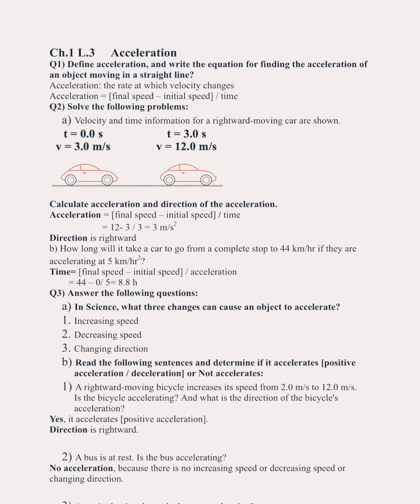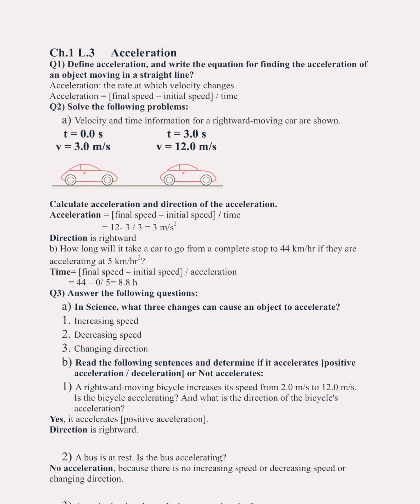So 44 minus 0 divided by acceleration, which is 5, equals 8.8 hours. By this way you could find the time. And again, if you know the acceleration, the final speed and initial speed, you can find the time, which equals final speed minus initial speed divided by acceleration.